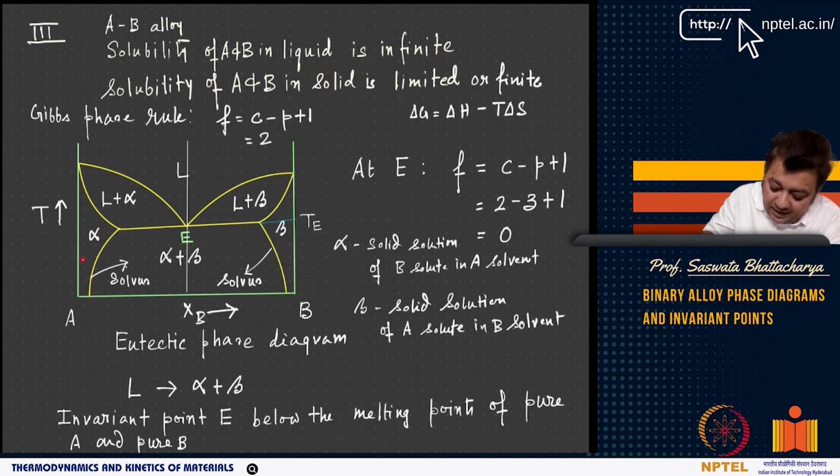Then as you go to higher temperatures, the solubility limit of B, so this is the amount of B in the saturated alpha solution. So in the saturated alpha solution at this temperature, this is the amount of B. So the amount of B that is dissolved in alpha goes up as the temperature goes up.